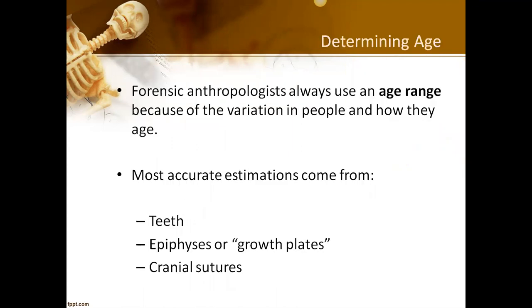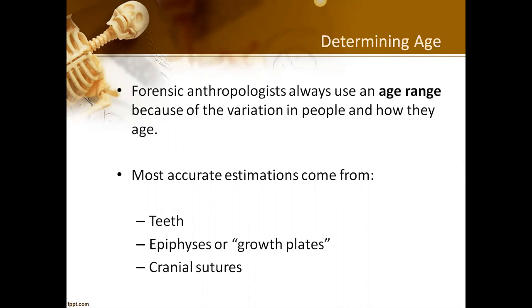First of all, to determine the age of a victim, a forensic anthropologist always uses a range, from, say, age 12 to 15, because there's a lot of variation in people and we all age a little differently. So we want to make sure we don't rule out anyone by narrowing it too specifically.